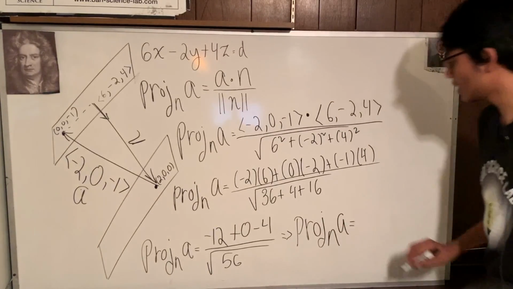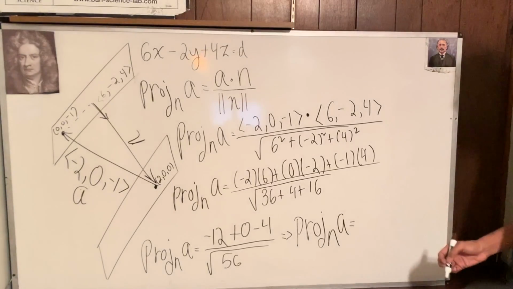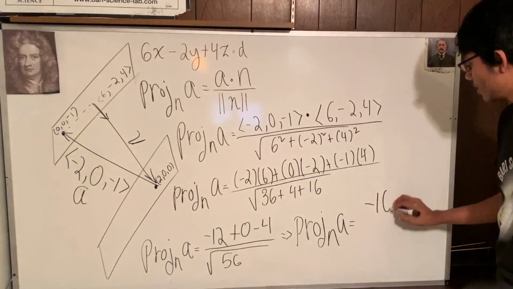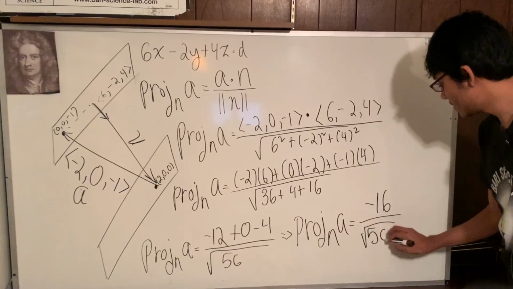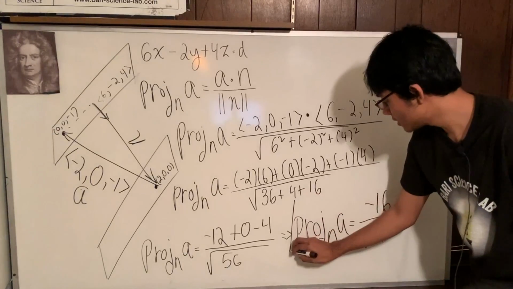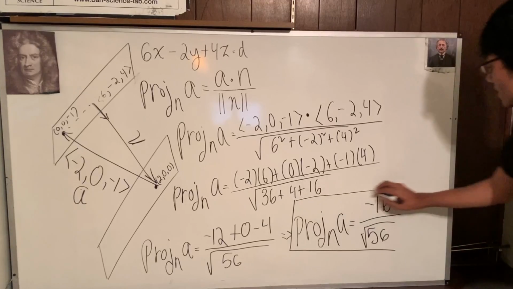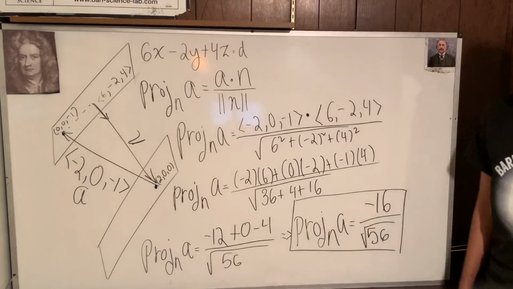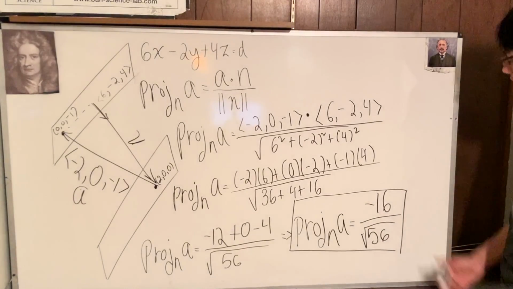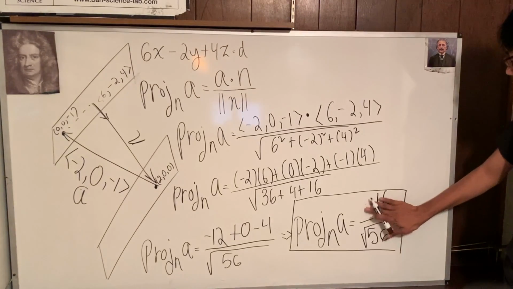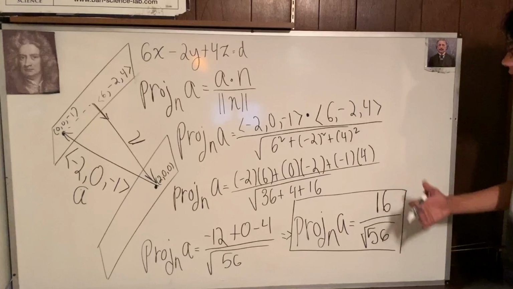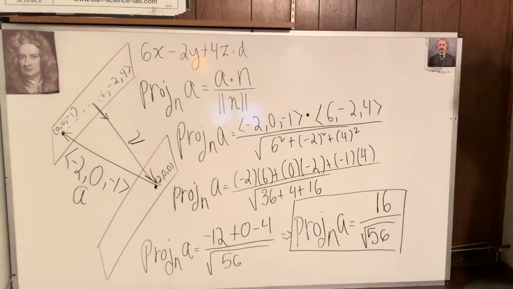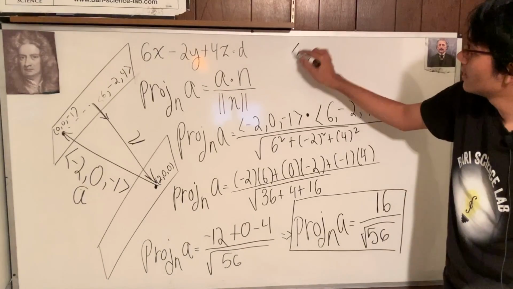So the projection of A onto N, also known as the distance between our two planes, is going to be negative 16 over the square root of 56. And of course, distance is positive, so you can make this positive as you wish. And that, ladies and gentlemen, is how you find the distance between two parallel planes.